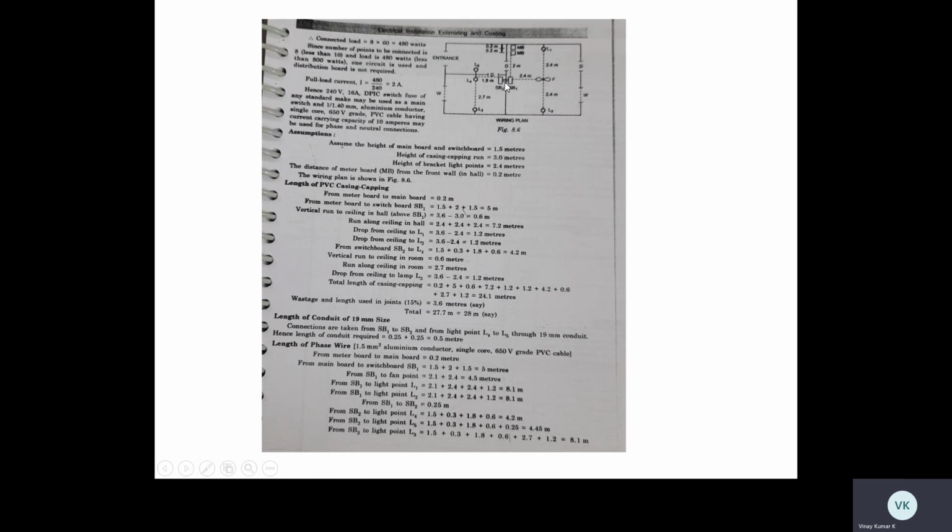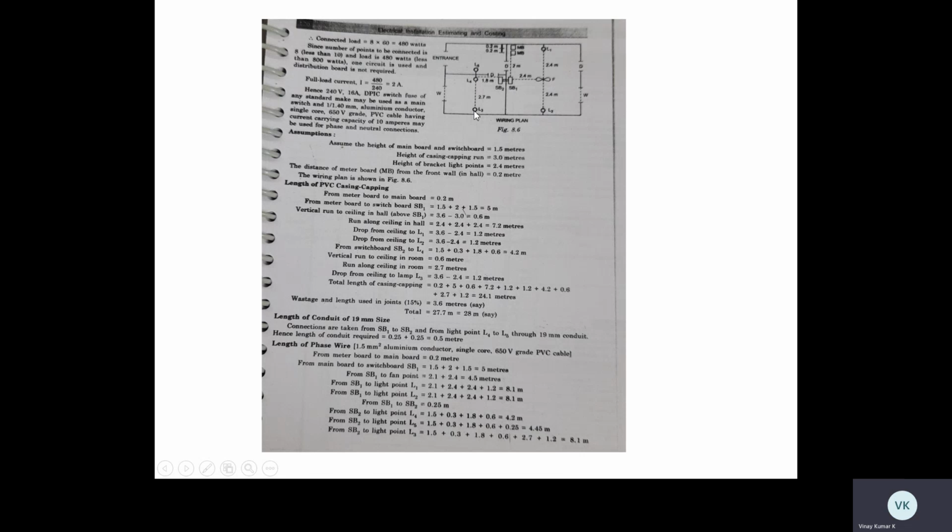From SB2, that is 1.2, 1.5, 1.5 to 1.8, then 0.3, then 0.6. Total 4.2. Here from lamp 4 to SB1 to lamp 5 is 1.5, 1.8, 0.3, 0.6. Then width of wall 0.25 meter.